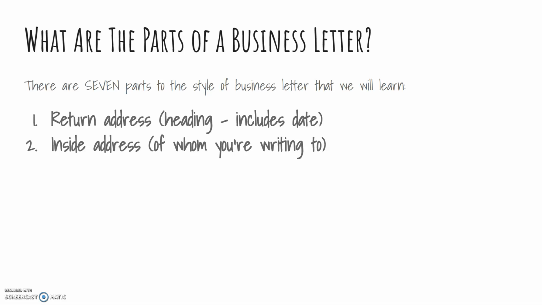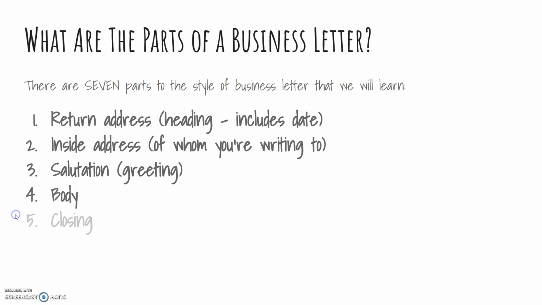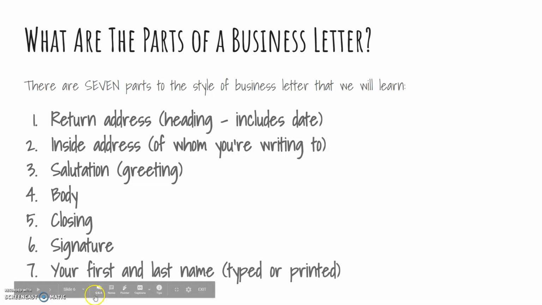If you're writing to another company such as Walmart, you would have to look up their address, and it's easy enough to look up addresses on the internet, and I want you to use real addresses. Our salutation, which is our greeting, the body of the letter, our closing, our signature, and your signature includes your first and last name typed or printed, and I'll show you how that's done.